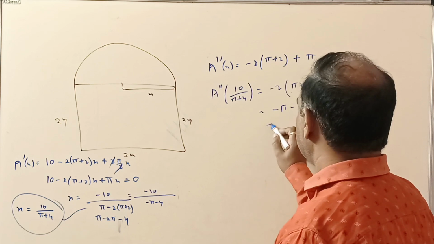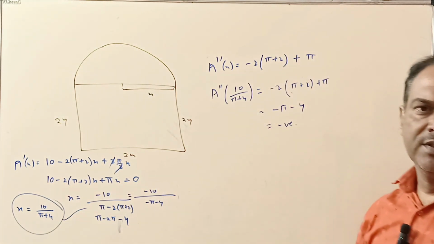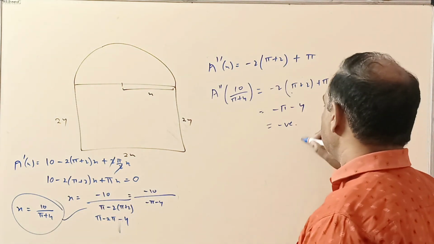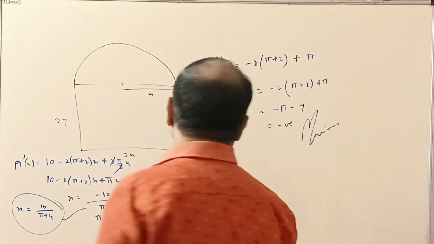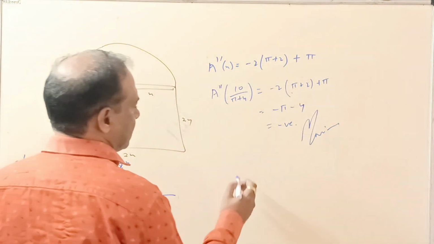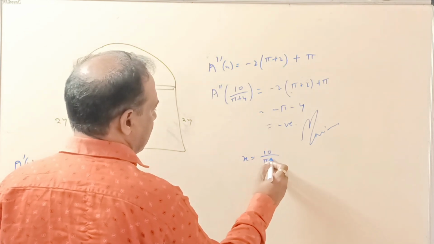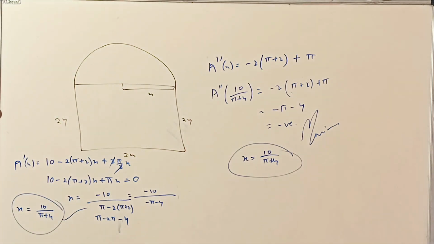What it means is the answer will be in negative terms. And we know that if the double differentiation is negative, it means that it is maximum. And it is maximum at x equal to 10 over pi plus 4. Clear? It is maximum at x equal to 10 over pi plus 4.